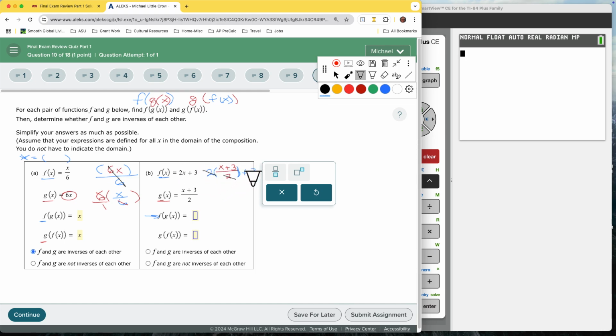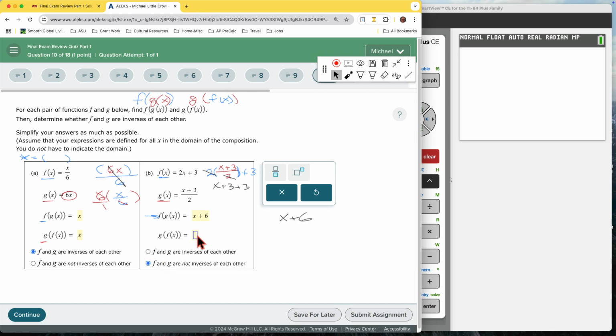So we have x plus 3 plus 3 more. That gives us x plus 6. That's not just x, it's x plus 6. So for that particular case, we can say these are not inverses.